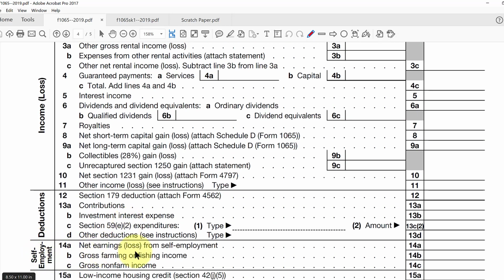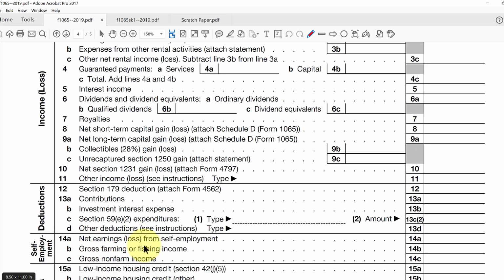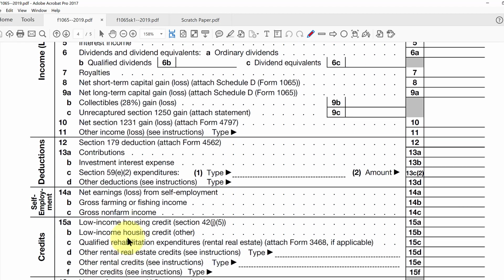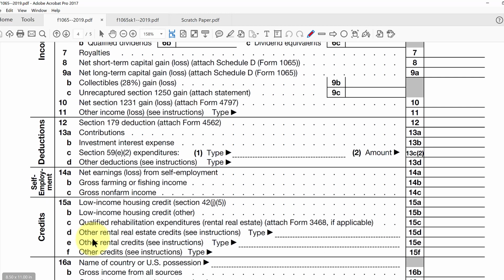Self-employment income is an important figure because not only is the partner subject to income taxes, the partner may also be subject to self-employment taxes based upon what's put here in line 14. And then business credits are going to be allocated among the partners.